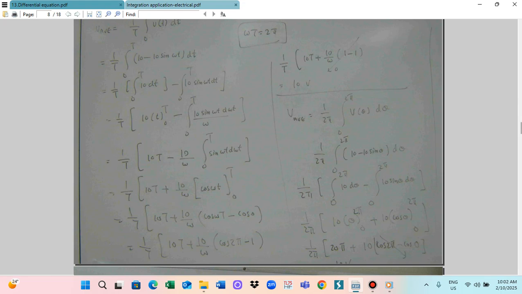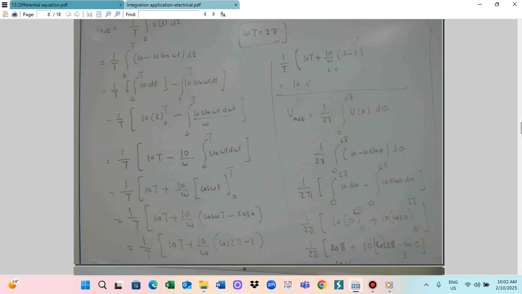So this is 10 theta, from 0 to 2 pi. And the sine integration you go to positive, so this is 10 cos theta, lower limit 0, upper limit 2 pi. Okay, then now you substitute.